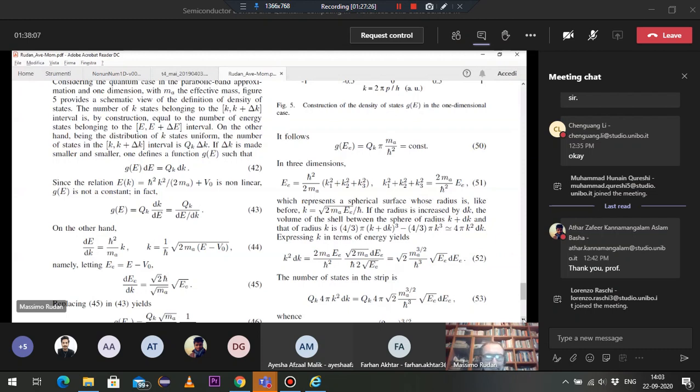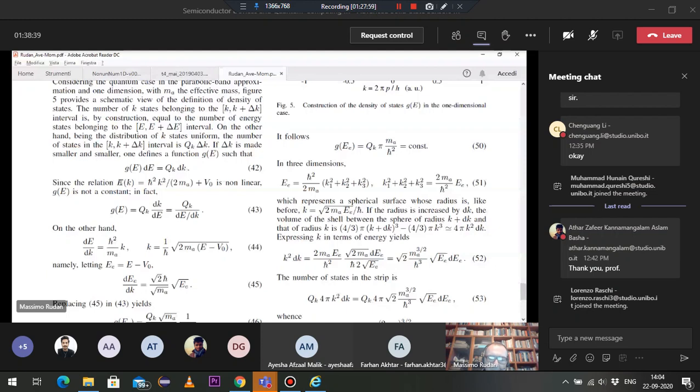Now we have another information. When the relation between energy and momentum is parabolic, okay, if we use P as momentum, we would have energy equal to the potential energy, that in this case is a constant, plus P squared over 2 times the mass, okay?